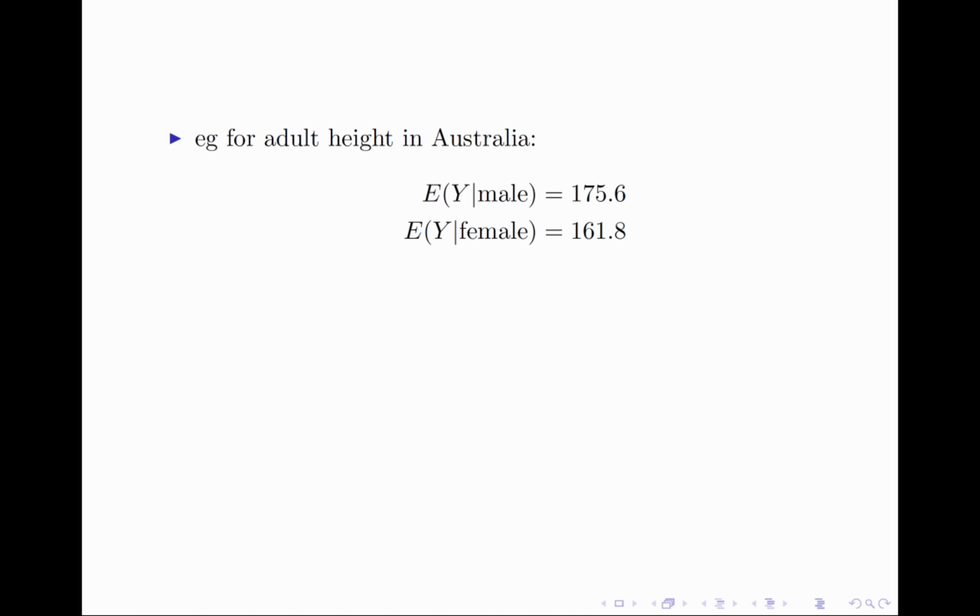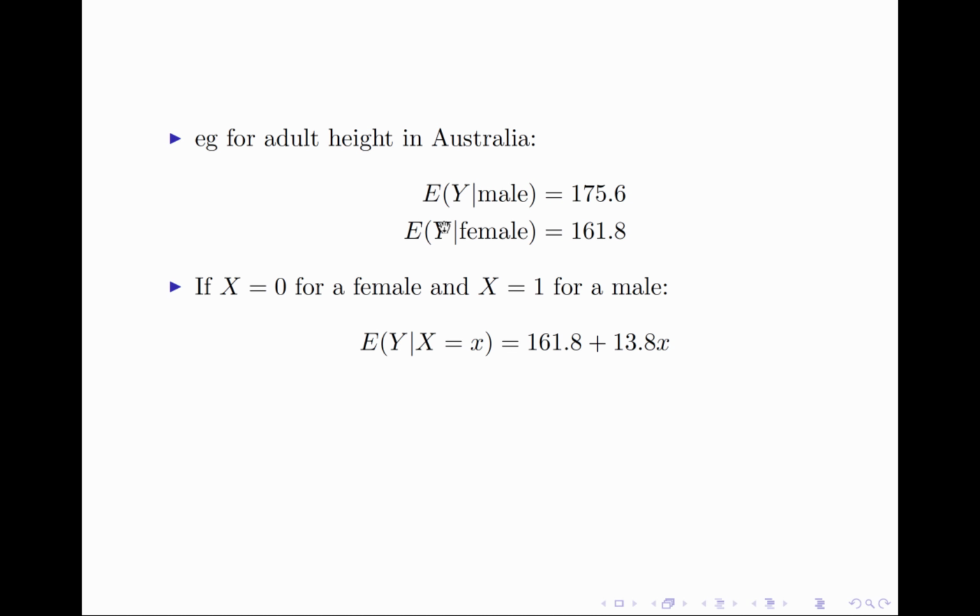So clearly, by knowing whether we are talking about males or females, we have more information about the possible values for y than if we didn't know. So conditioning on a random variable can give us more information about another random variable.